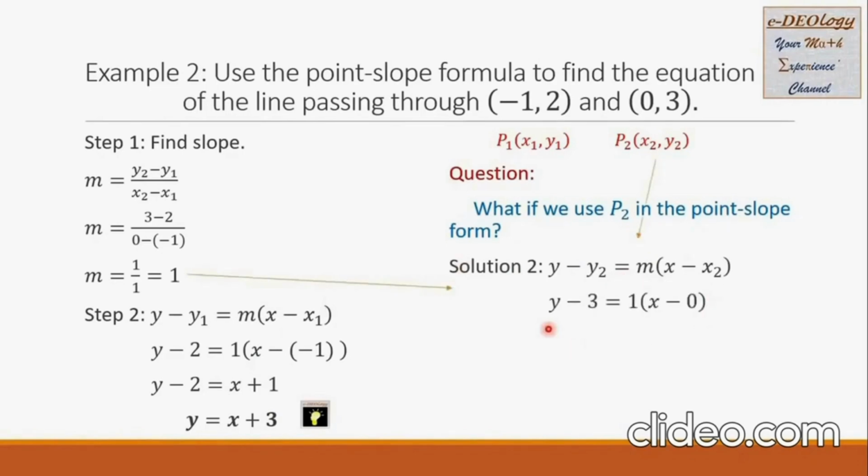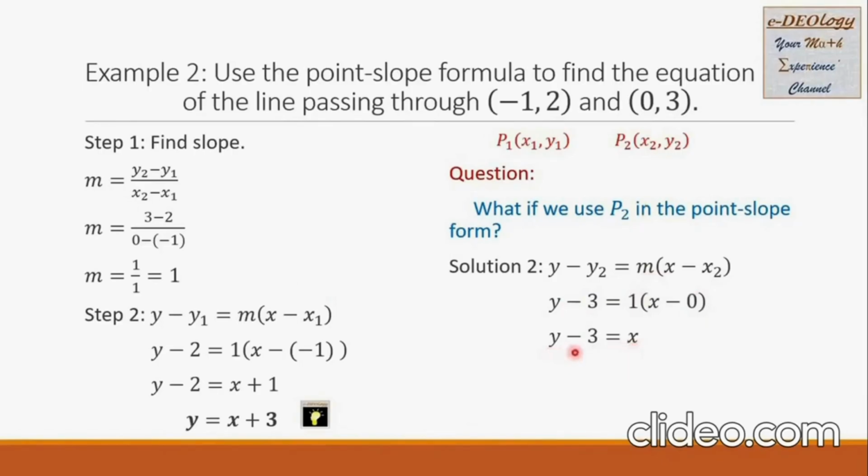Let us substitute y sub 2, which is now 3, equals the slope, which is 1, times the quantity x minus the x sub 2, which is 0. Then we will simplify further. This is slope 1, we multiply to the x and to the 0. So we will have y minus 3 equals x.